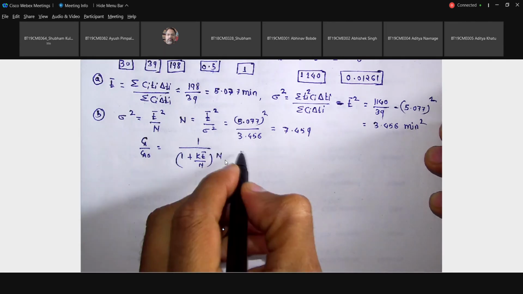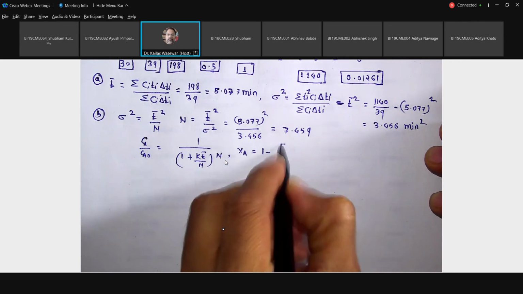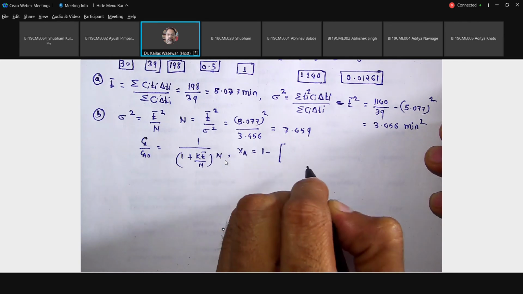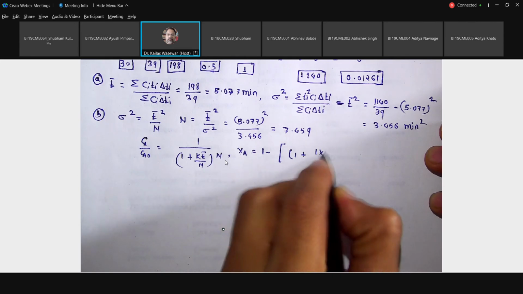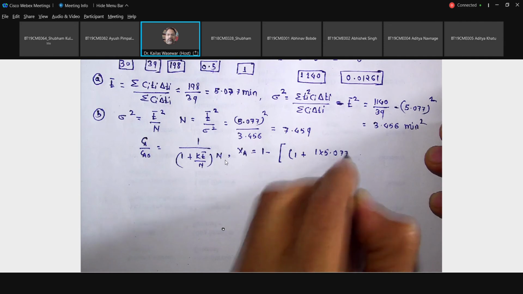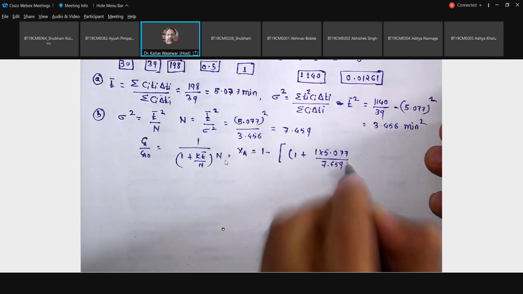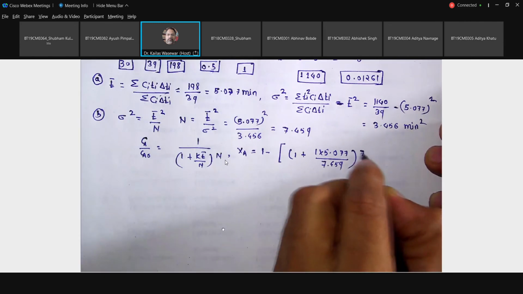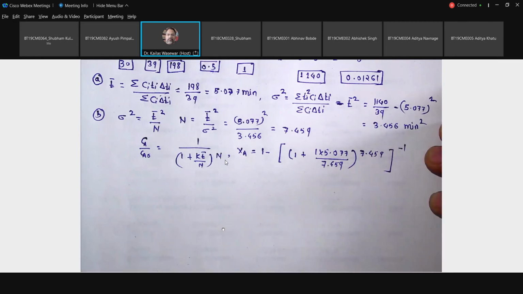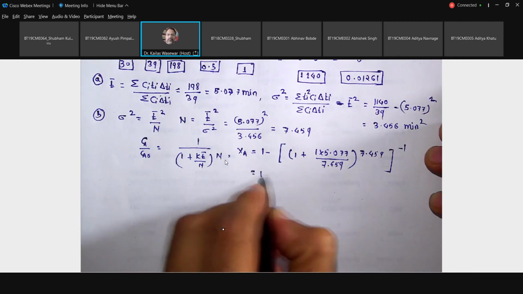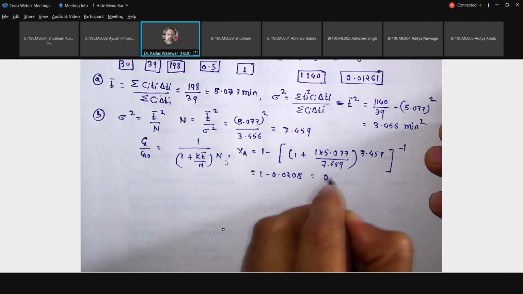So Xa will be what? 1 minus 1 upon 1 plus 1 into 5.077 over 7.459, to the power 7.459, inverse, we can make it. Okay. So this is coming to be 1 minus 0.0208 is equal to 0.979. Okay.